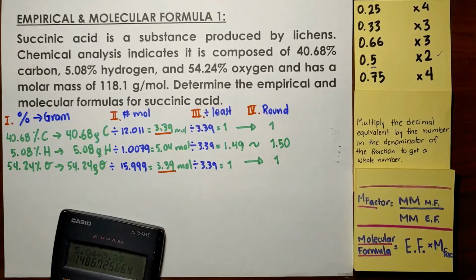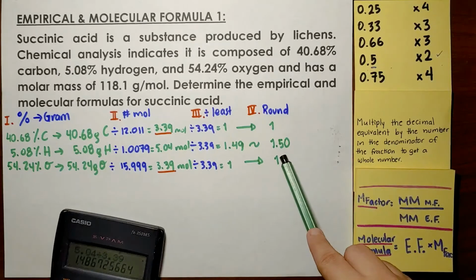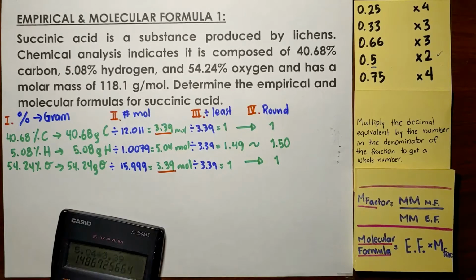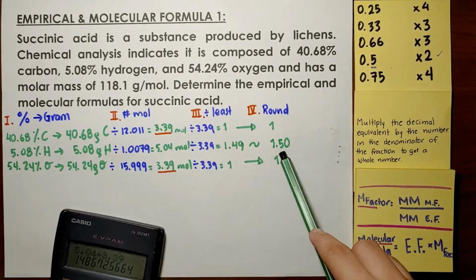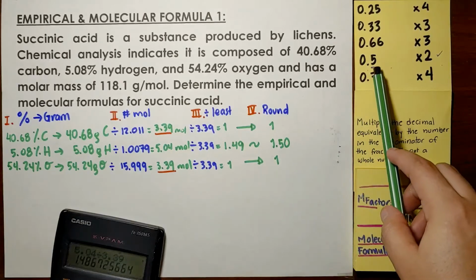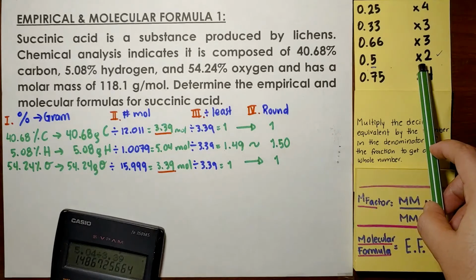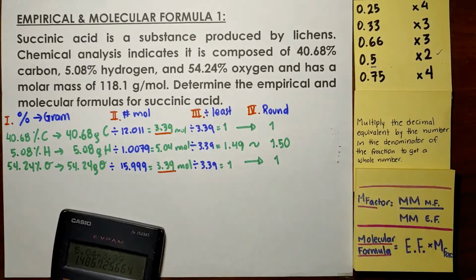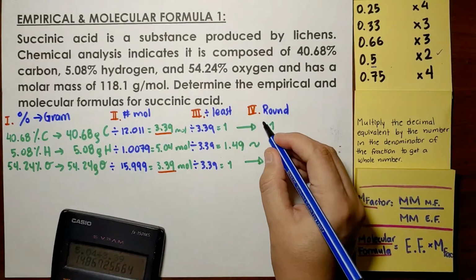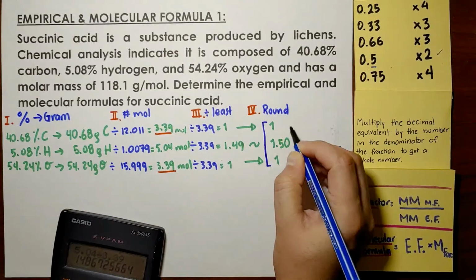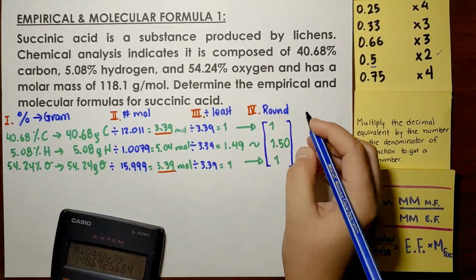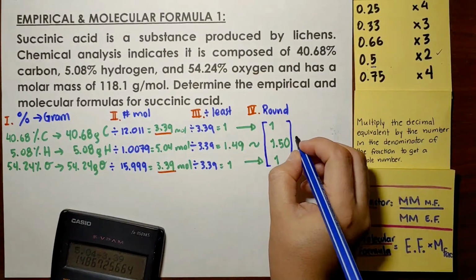And now take a look, we have a decimal. The other day I told you that if you have a decimal, you have to multiply by a factor. So my decimal is 0.50, so I will consider this my multiplication factor. So what we do is multiply everything times, in this case, 2.